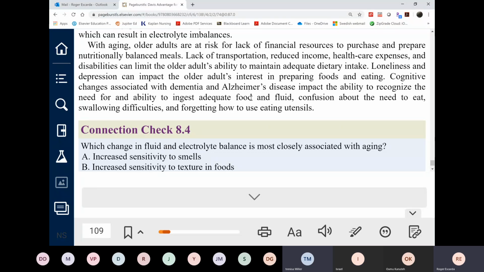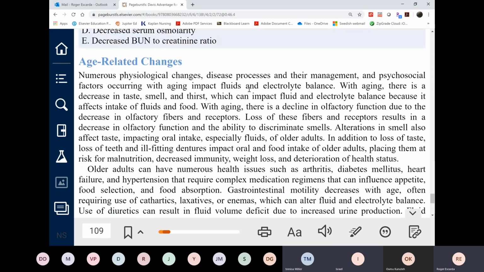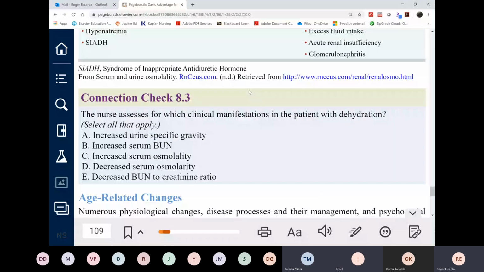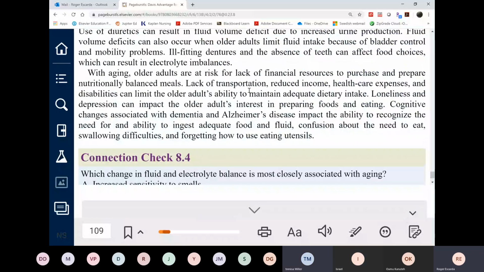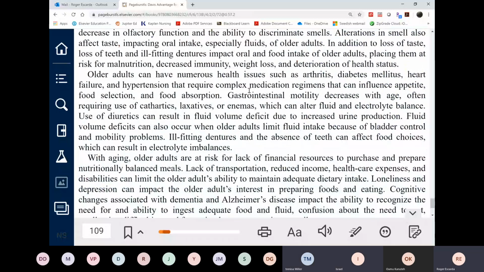Professor, I have a question. What if you didn't go over other things? Are we responsible for those? Like other things in this chapter? I can't go through the whole chapter. It will take us a week to go through every page. I'm just introducing the concepts. So we're responsible for everything else?